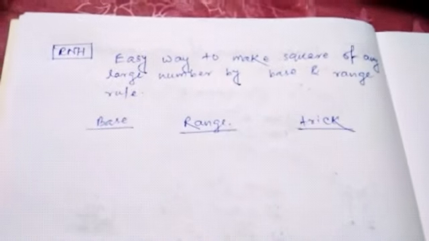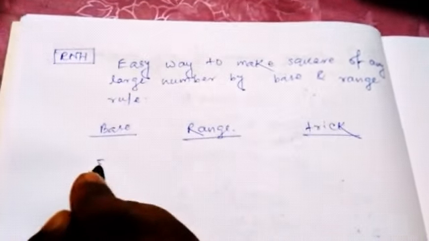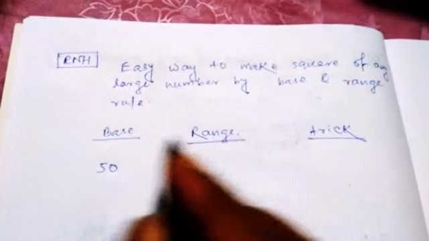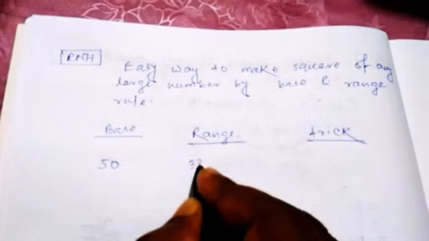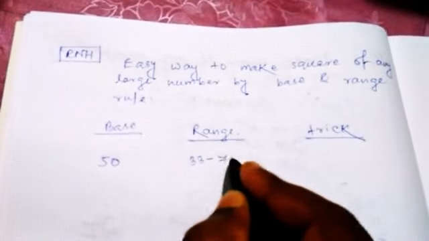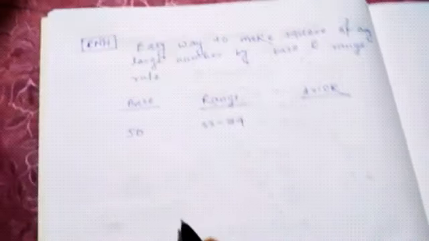When the base is 50, the range of the number will be 33 to 74. Okay.